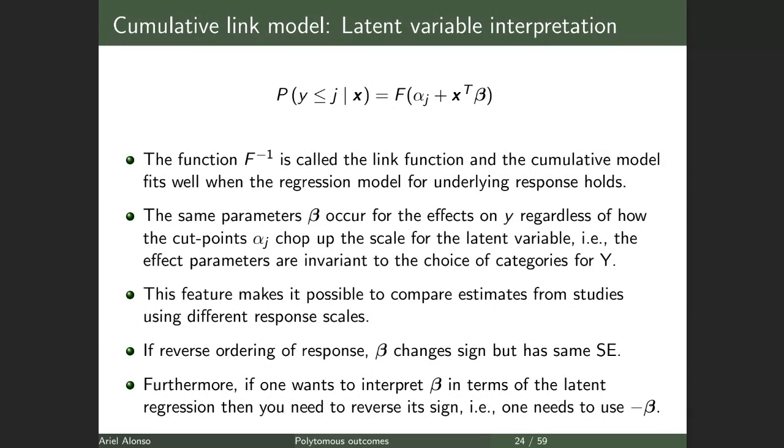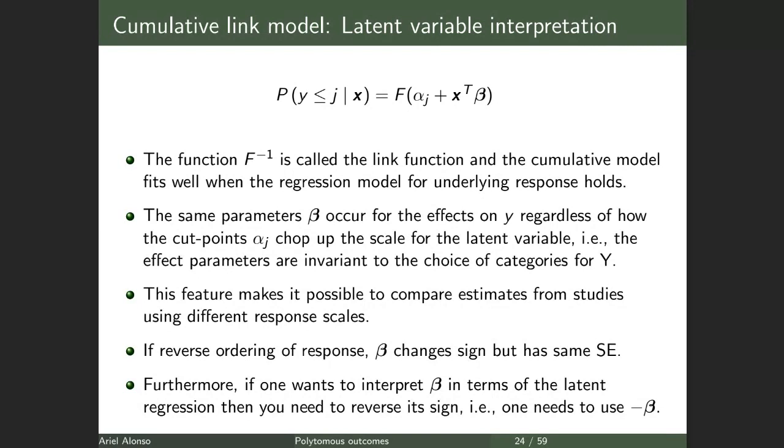So you have this latent variable and you categorize it using cutoff points. Well, the effects of the covariates are going to be independent of how you categorize this latent variable. If you categorize it in 3 categories or in 20 categories, it doesn't matter. It doesn't matter how many categories you create or which specific cutoff points you're using, the covariate effects are going to be the same.